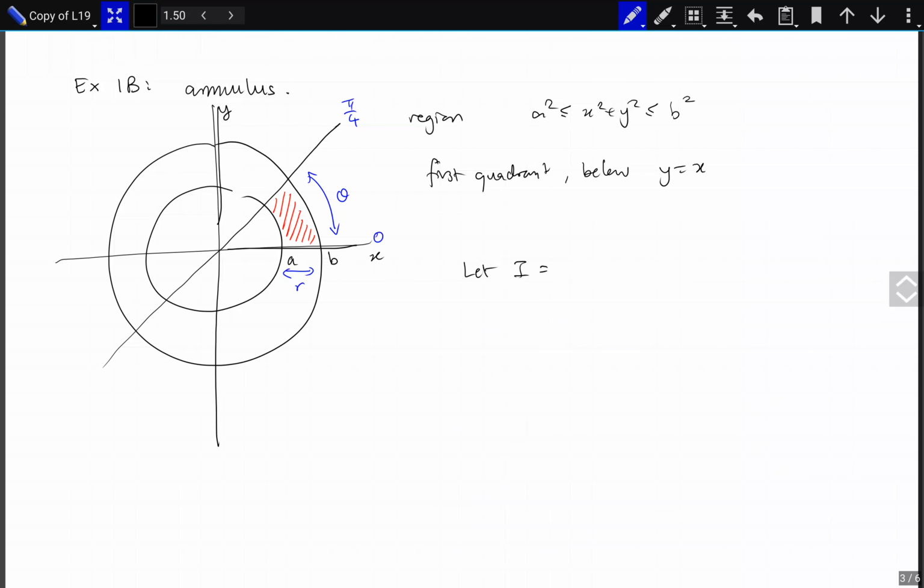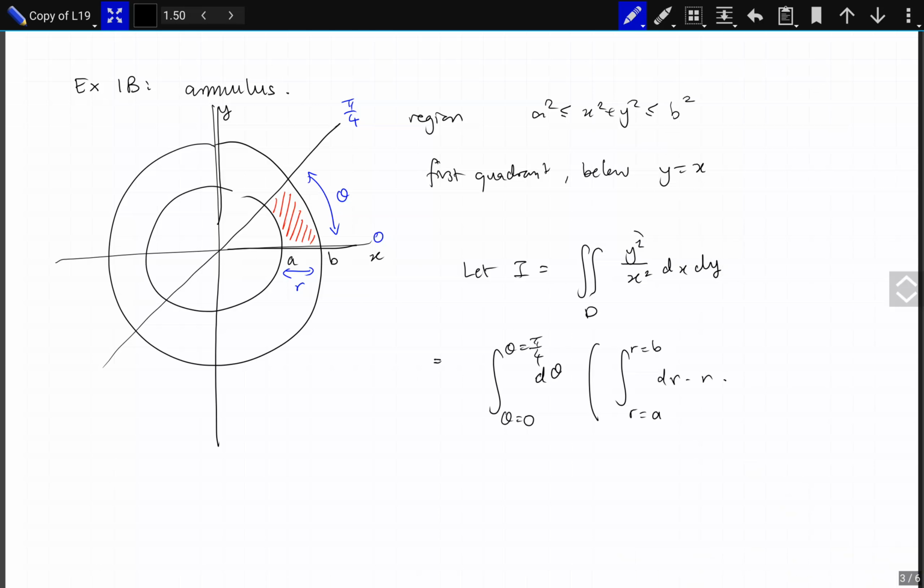So if I want to integrate y squared by x squared dx dy, what I get is the integral between theta equals 0 and pi by 4 of the integral between r equals a and b of r dr of the function where y squared is r squared sin squared theta and x squared is r squared cos squared theta.